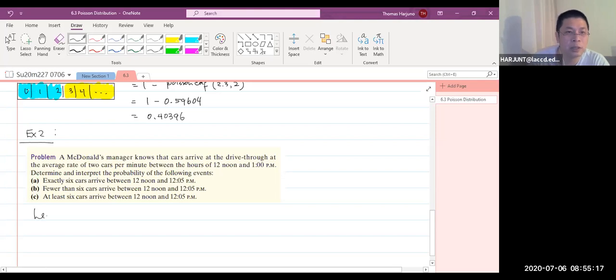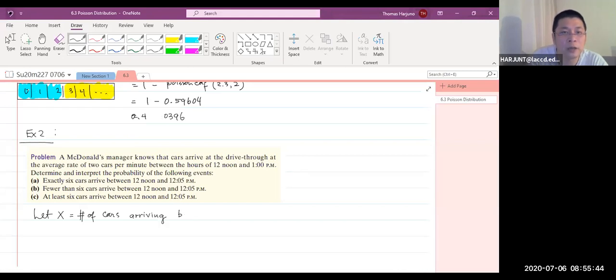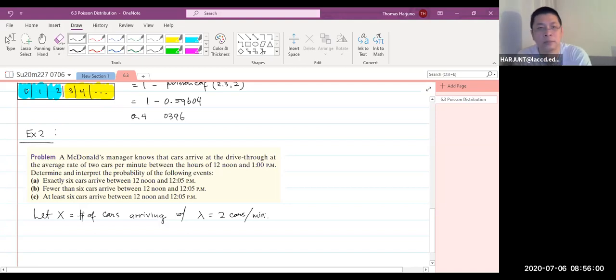Let X be the number of cars arriving only, and the average lambda equals 2 cars per minute.